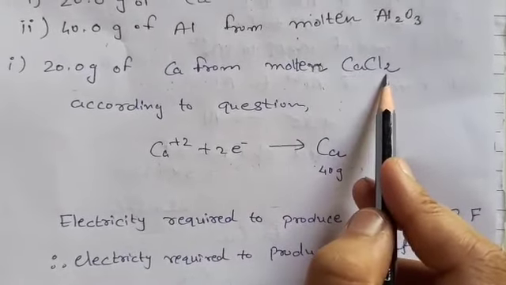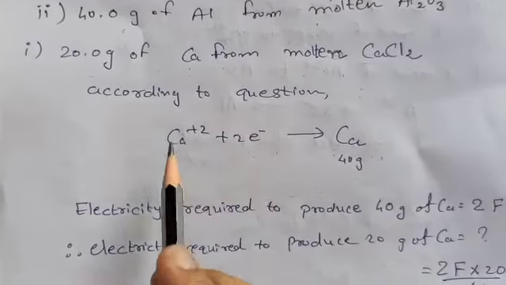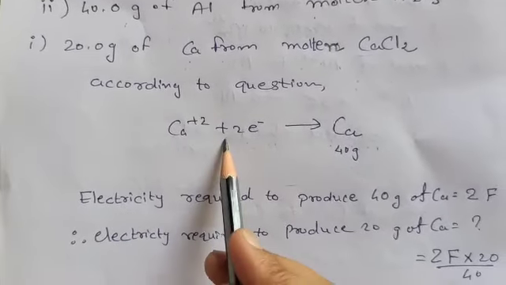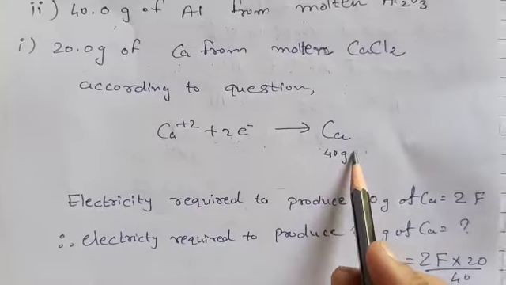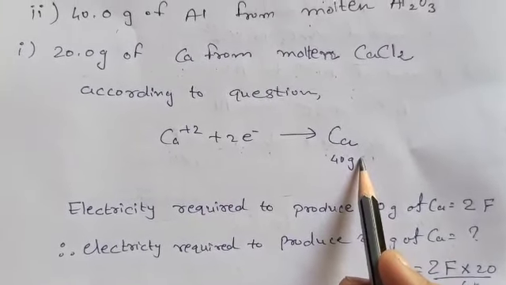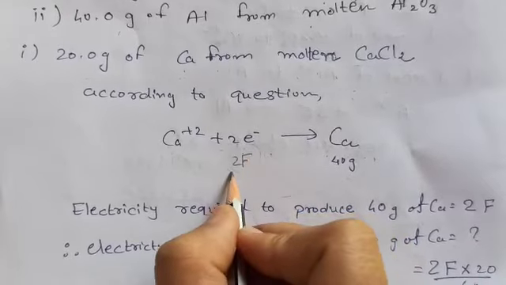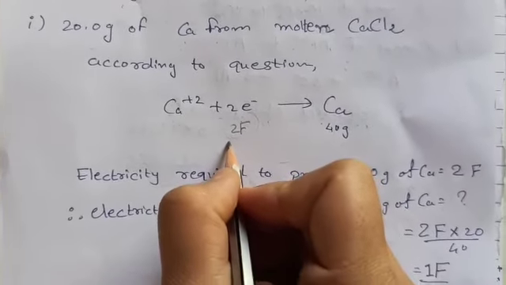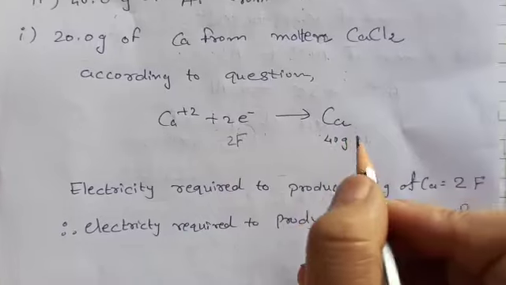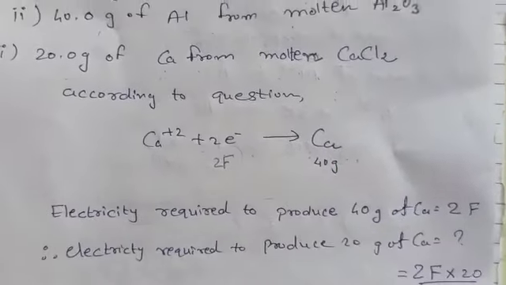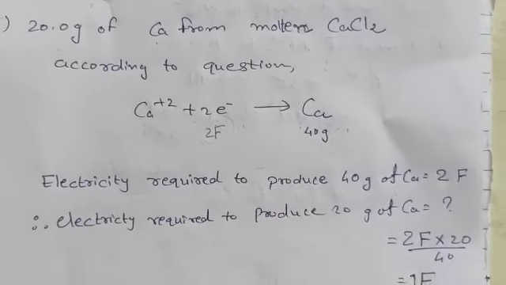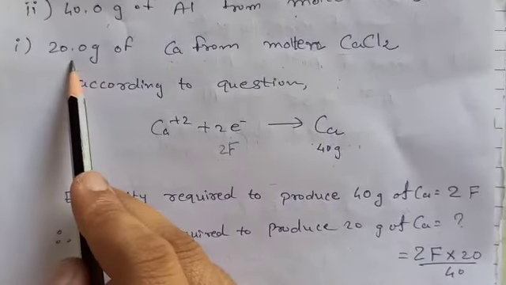In CaCl2, the oxidation number of Ca is +2, so we can write that Ca+2 gains 2 electrons, it converts into Ca, right? For this equation, we can say that 2 Faraday is required for the conversion of 40 gram of Ca. We have to deposit 20 gram.